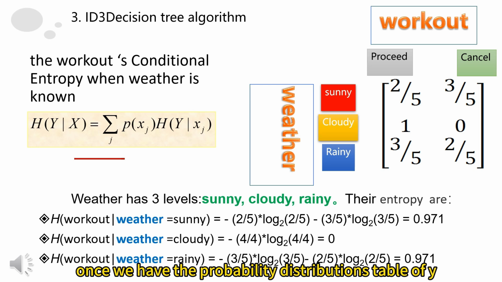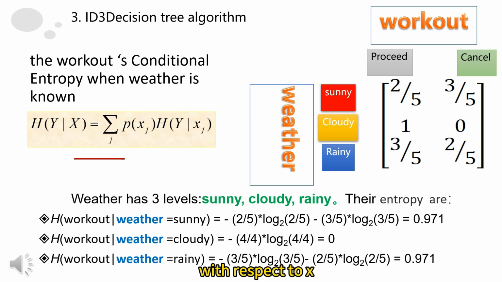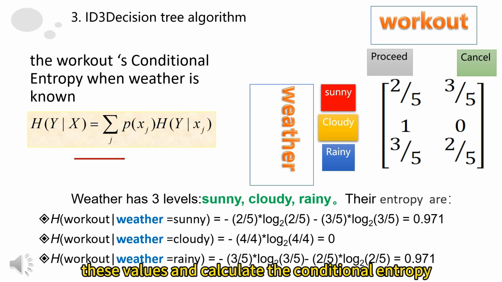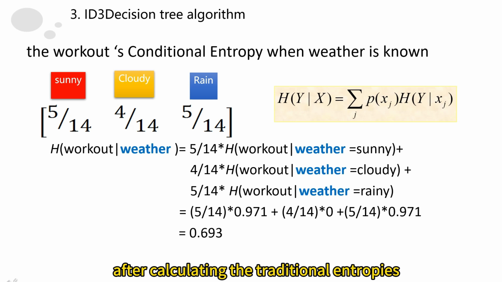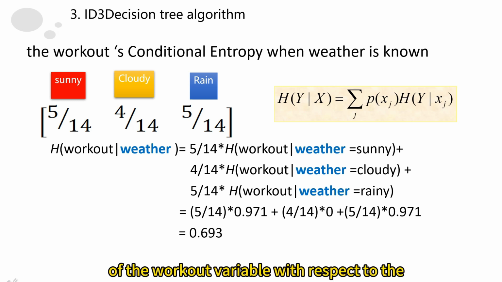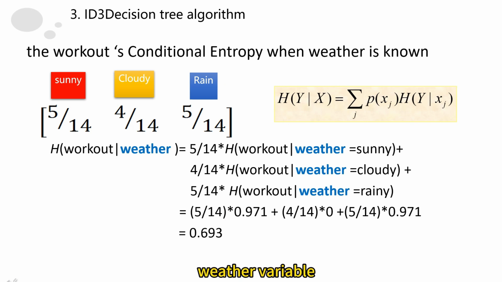Once we have the probability distribution table of y with respect to x, it becomes straightforward to substitute these values and calculate the conditional entropy. After calculating the conditional entropy for each weather condition, we sum up these values to obtain the conditional entropy of the workout variable with respect to the weather variable.